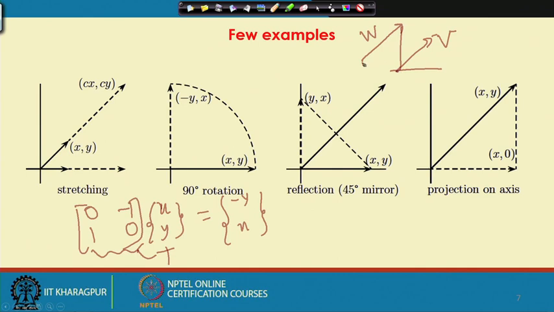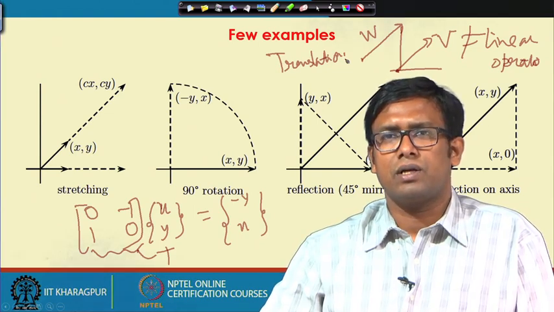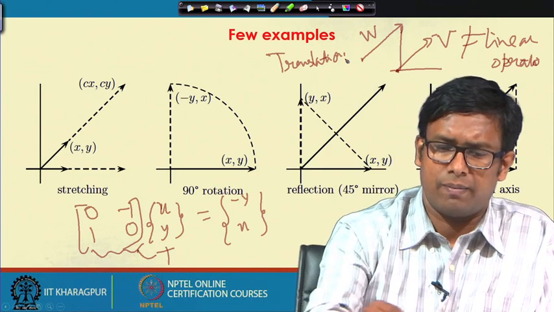Simply because the origin is shifted and the 0 vector will not remain a 0 vector in the transformed space. So, except translation, all the geometric operations can be thought of as linear transformations.